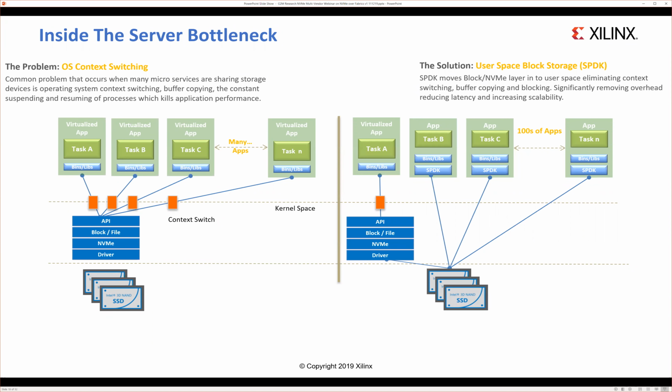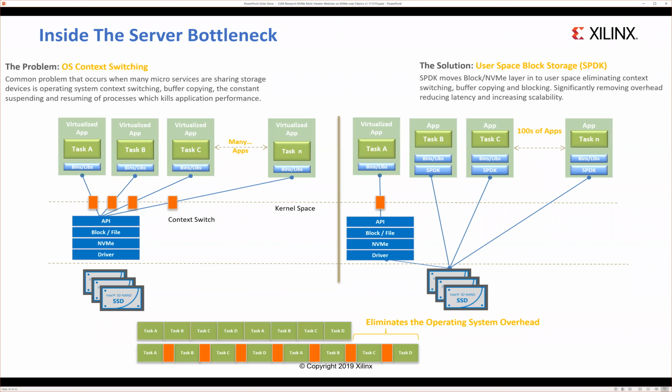If you go with a user space solution, before we get to the networking, what we're highlighting here is SPDK, which I believe most of you are familiar with. This is a user space solution where you're bypassing the operating system, going straight to the SSD. So this exists today, and you bypass all of this congestion in the operating system, in the kernel.